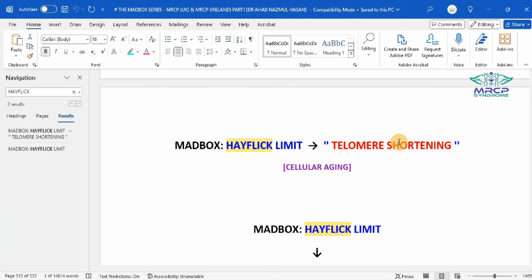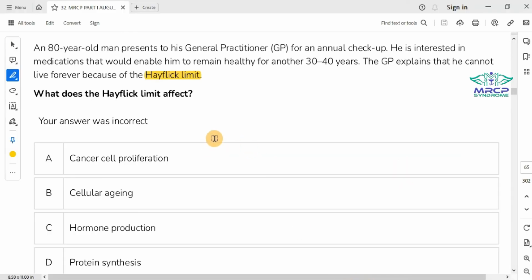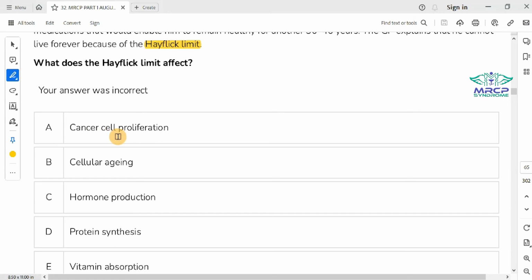So the Hayflick limit limits cellular aging, and cancer cells usually bypass it by activating telomerase. So cancer cell proliferation cannot be restricted by the Hayflick limit, because activation of telomerase enables uncontrolled growth.